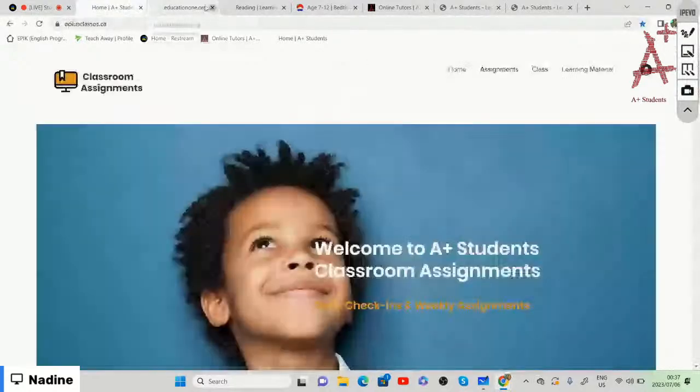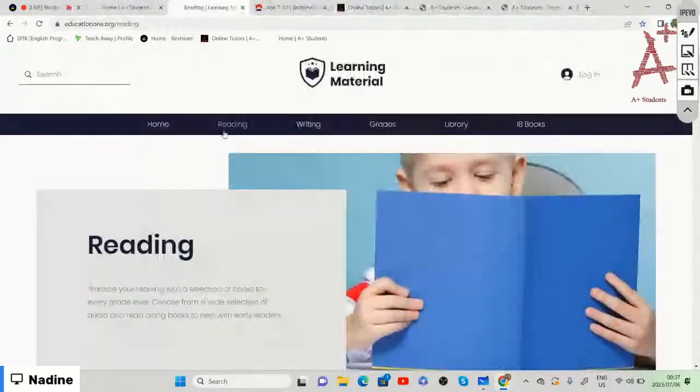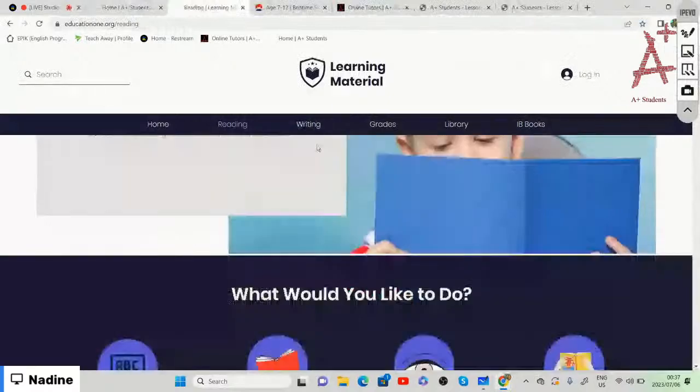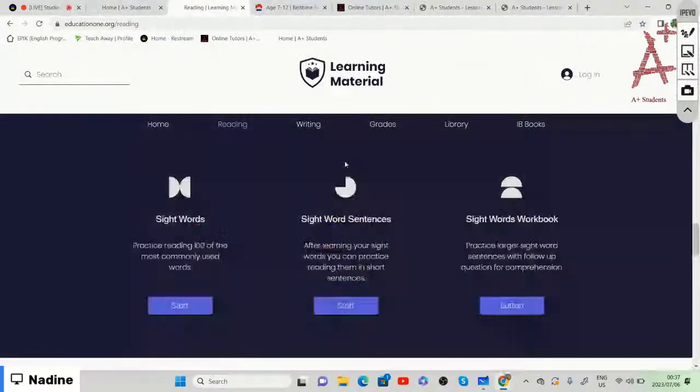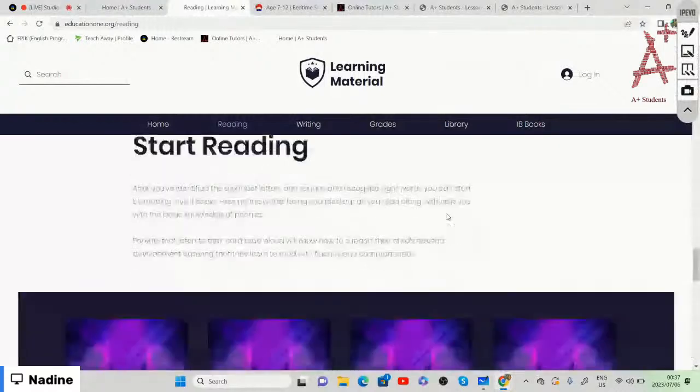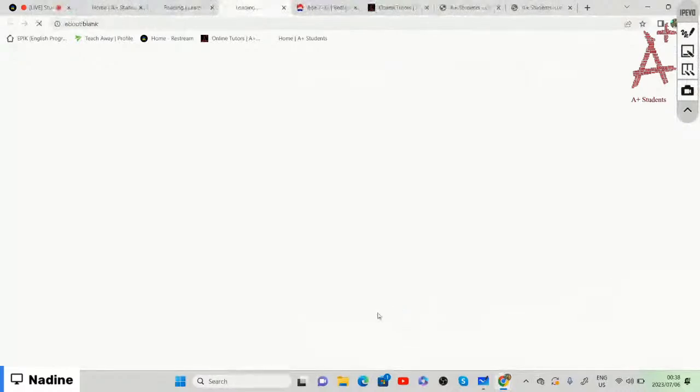Once we are at the learning materials, we go to reading and scroll right down to reading. Then you'll see these four beautiful purple boxes, and we'll go on to the third one that says read along audiobooks level 1. So we're going to start.